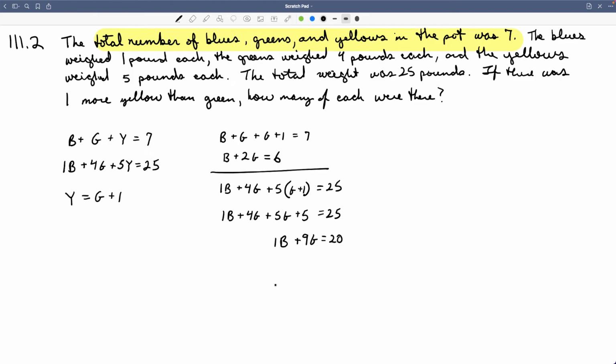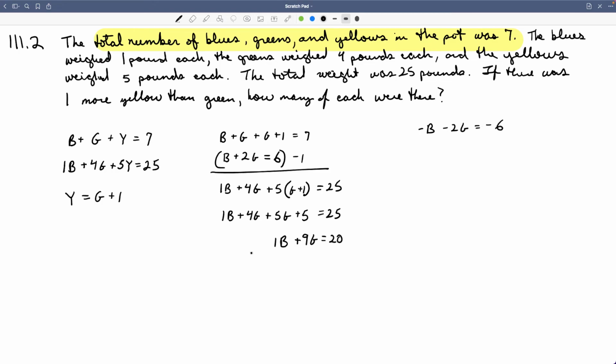Now I have two statements. So I have 1b and 1b. So I think I can just multiply this one times negative 1, the whole thing, and I'll write it over here. That'd be a negative b minus 2g equals negative 6.